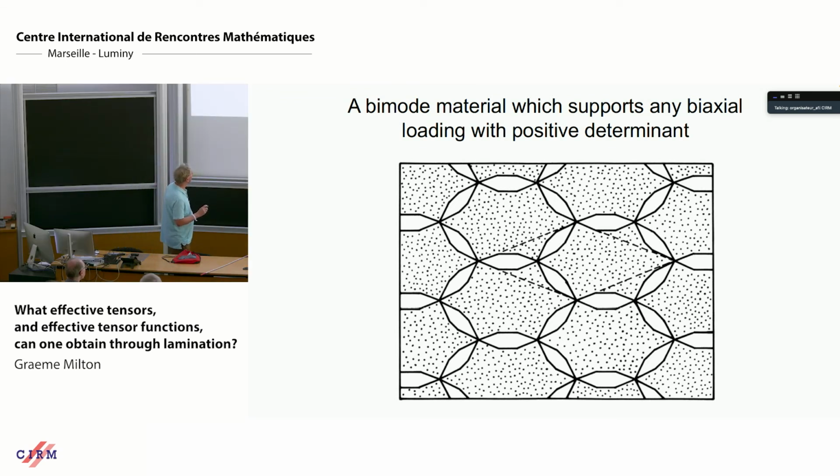It's still a biaxial loading. It has two easy modes of deformation. If you push this, the dotted material is compressible, and this is fairly rigid here. If you push this from the sides and push it at the top, things are basically stable, at least for linear elasticity.